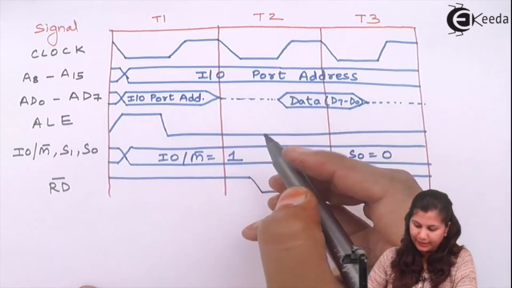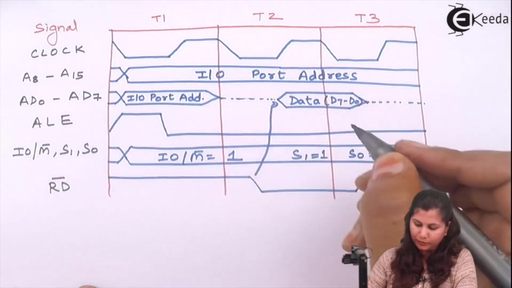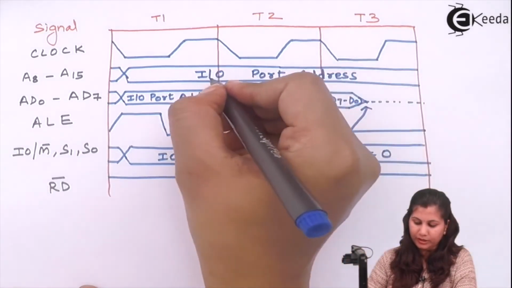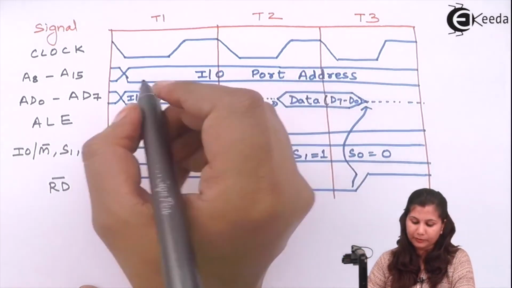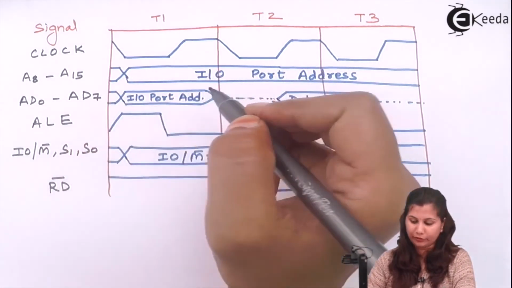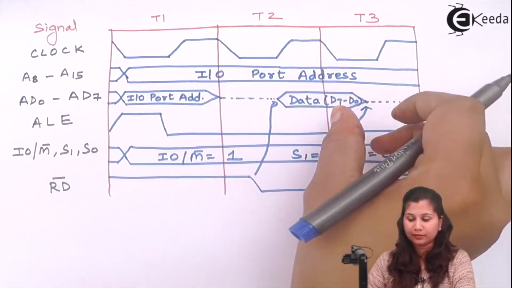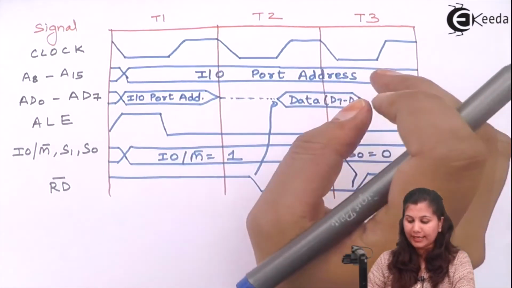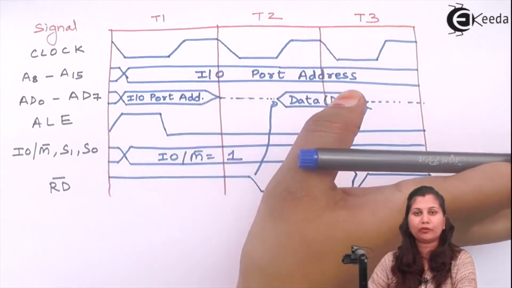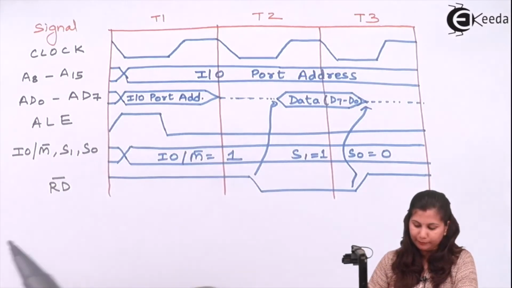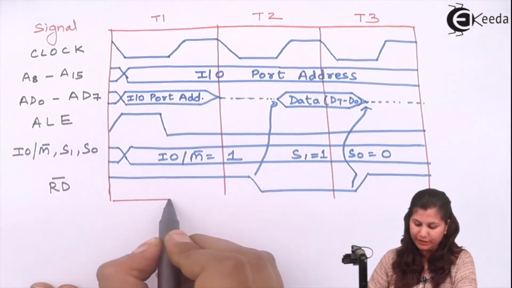It means the data has to be read from the port whose address is available on the higher and the lower order address bus. From that port, the data will be read by the processor, and then the operations will be performed on that 8-bit data. So this was the input output read machine cycle.